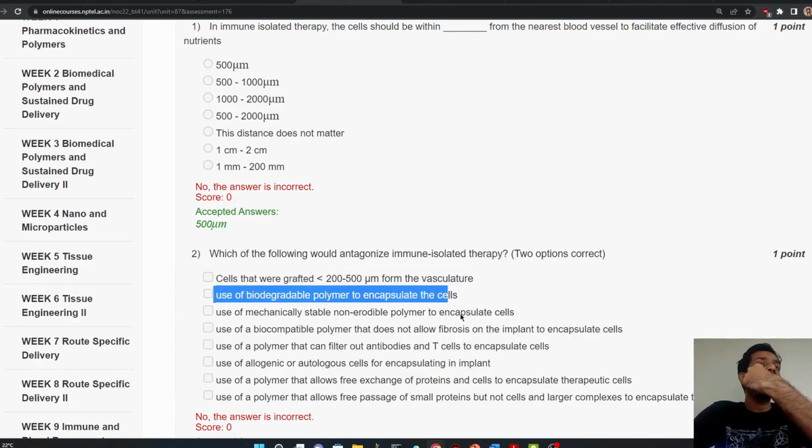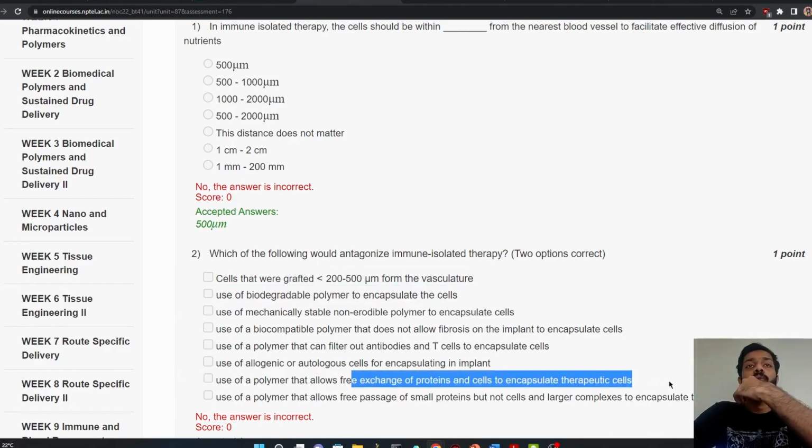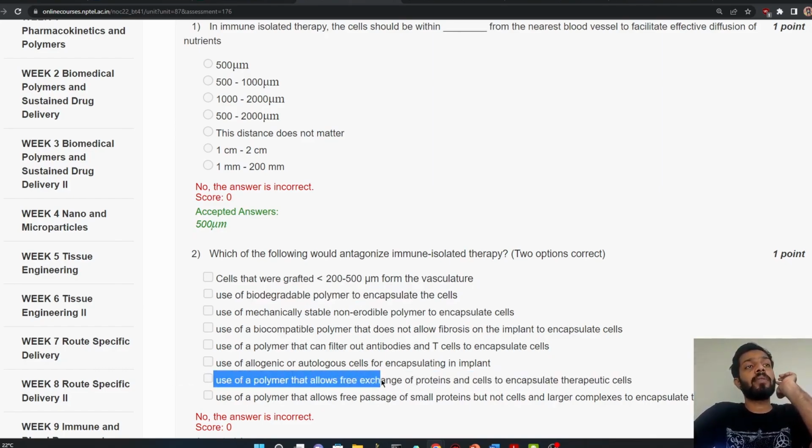Also, do you think this polymer should allow free exchange of proteins and cells? What happens if the polymer allows a free exchange of proteins and cells?